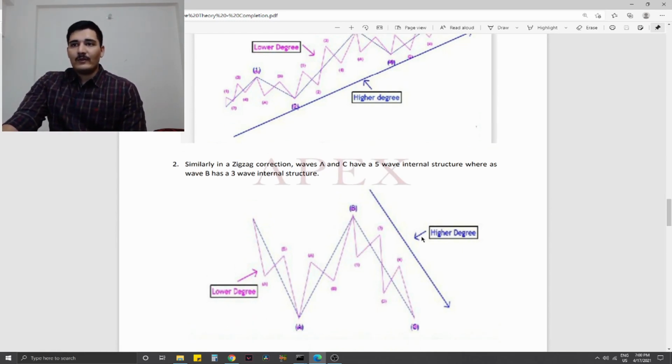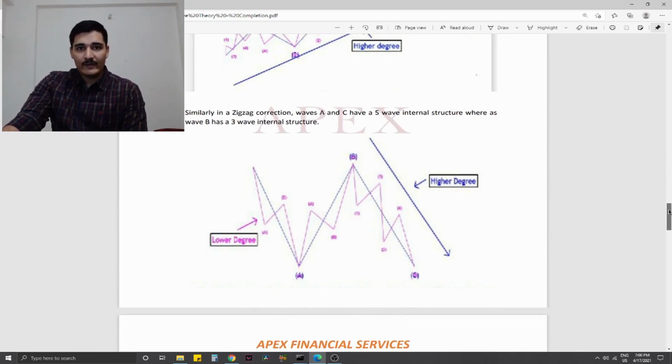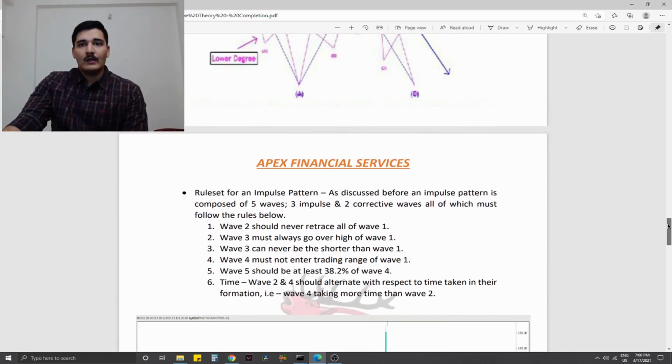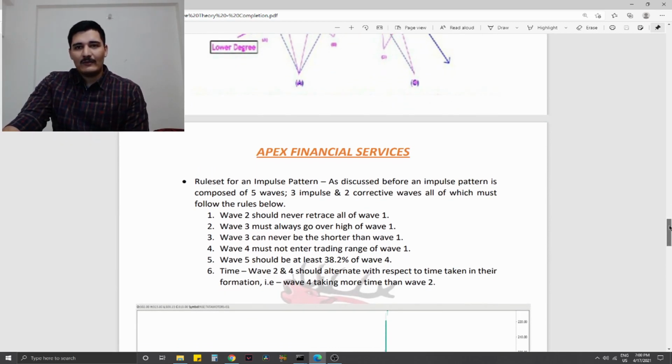Now, this was a very generalized example, but if I talk about the precise rule sets of an impulse wave and a corrective wave, we have 6 or 7 rules each.